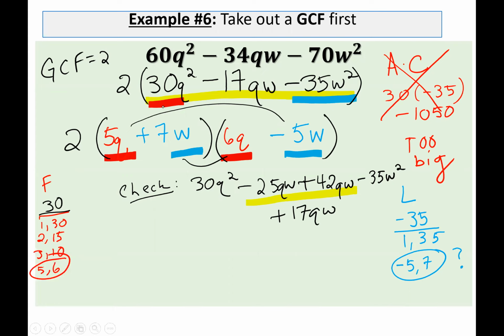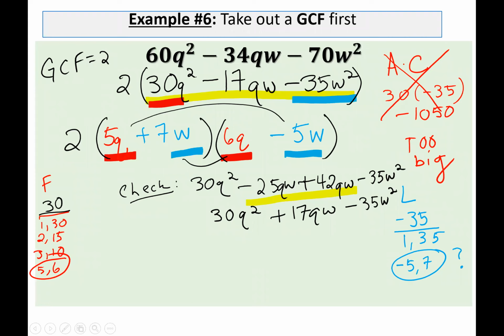What we wanted is we wanted the trinomial to be 30q squared, we wanted minus 17qw, but instead we got plus 17qw. And then we had minus 35w squared. We're so close. The only reason why this is not correct is because of that sign in the middle.